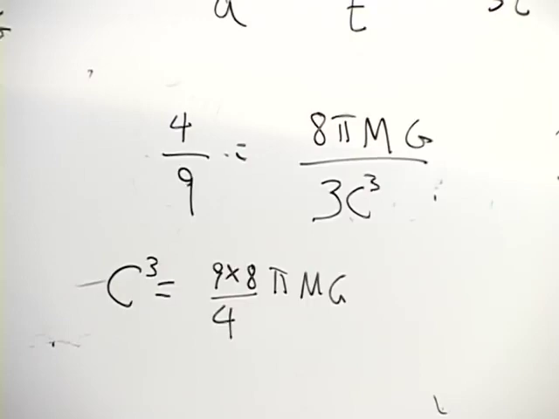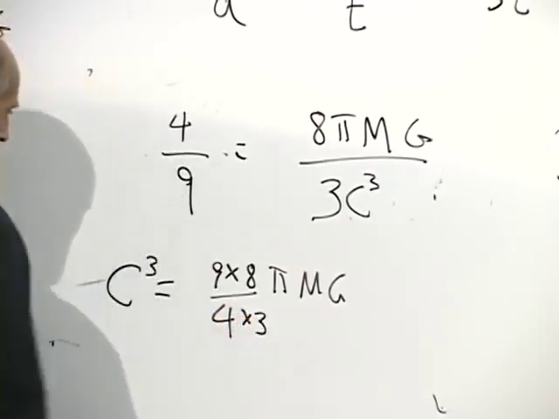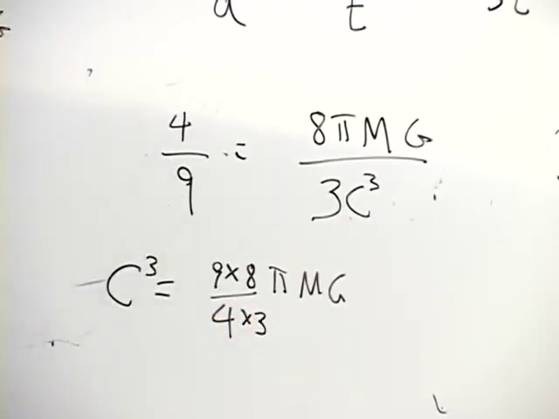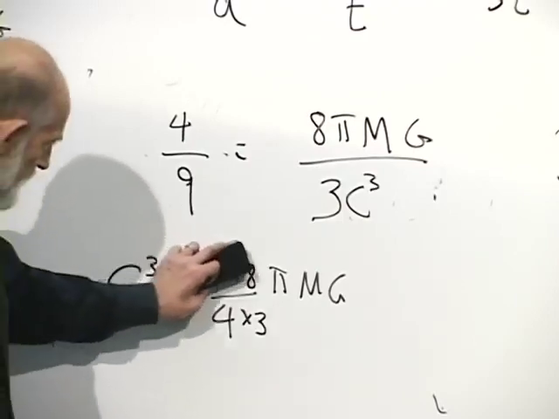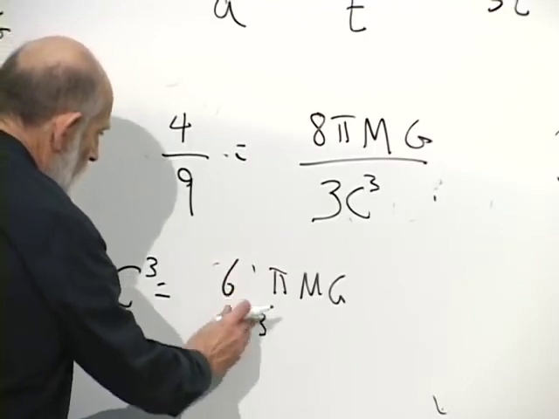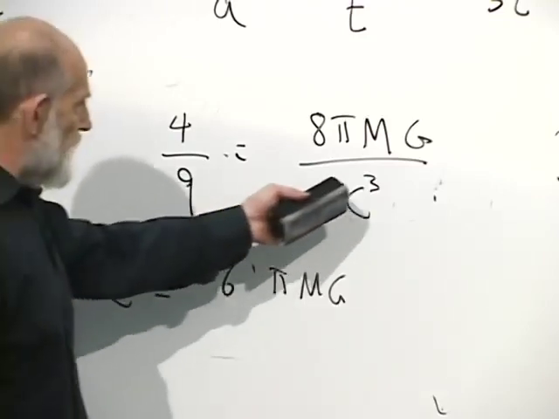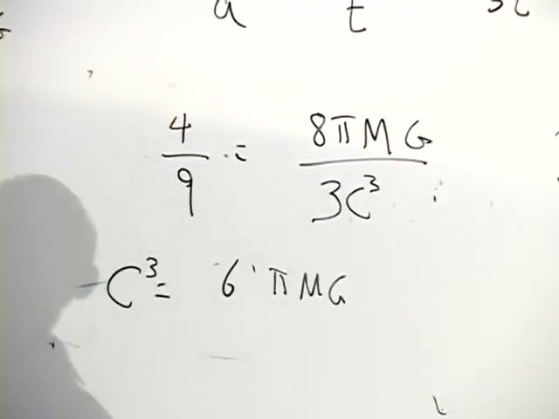Is that it? 3 on the bottom. 9 times 8 divided by 4 times 3 is 6. So I then determine c. It's guaranteed that the equation is solved by this assumption.